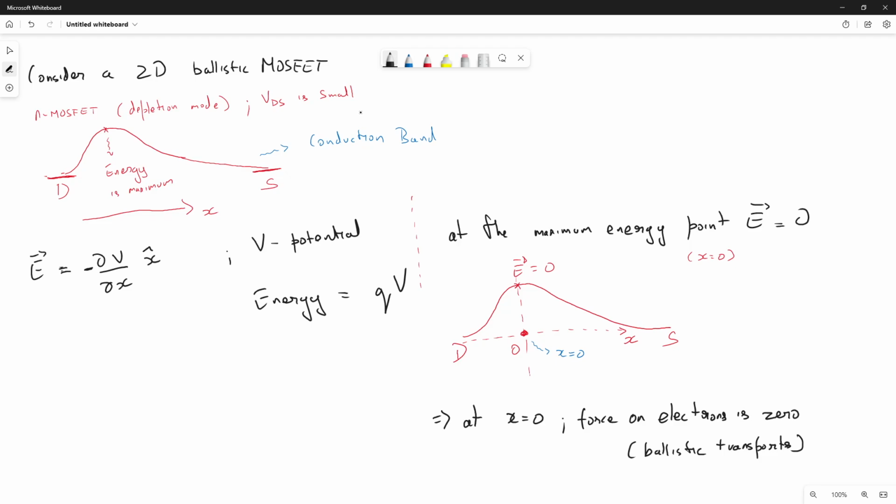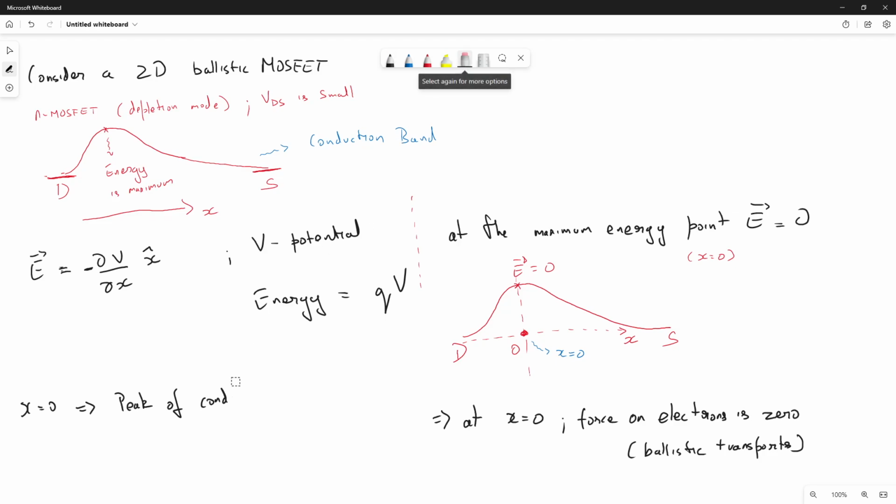From now on, x equal to 0 implies we are talking about the peak of the band energy.